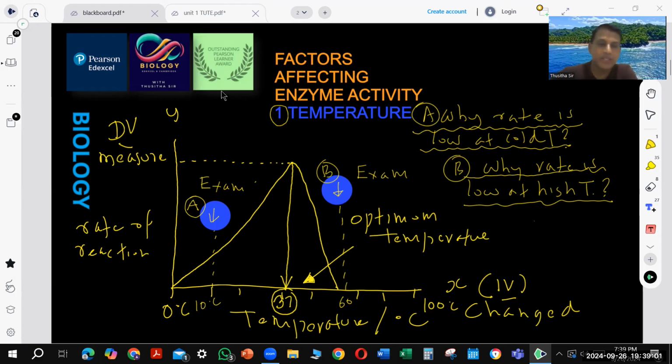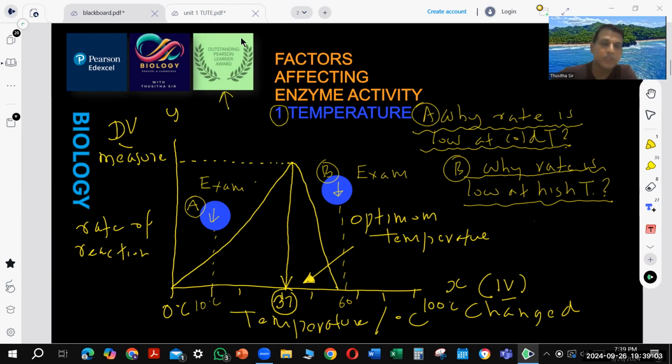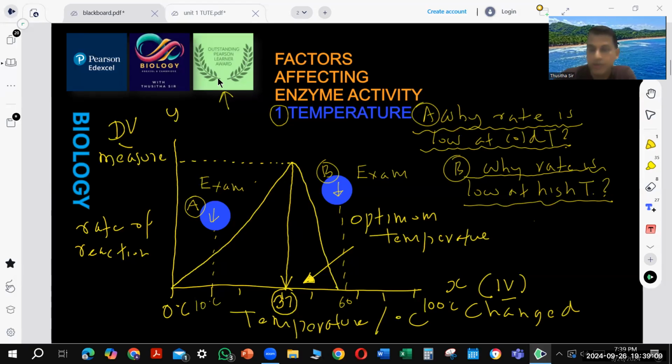And you can see here the logo, Outstanding Pearson Learner Award, for the IGCSE exam. If you get the highest mark, you have an award.